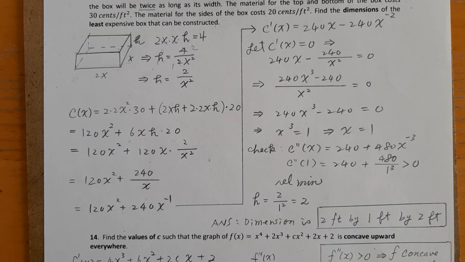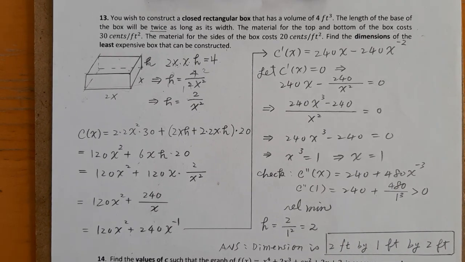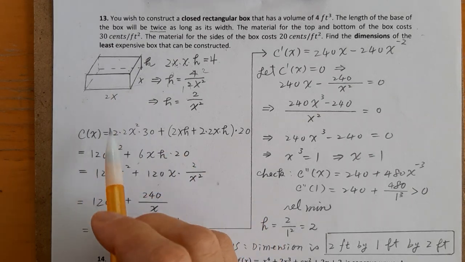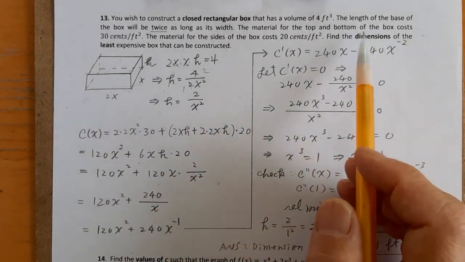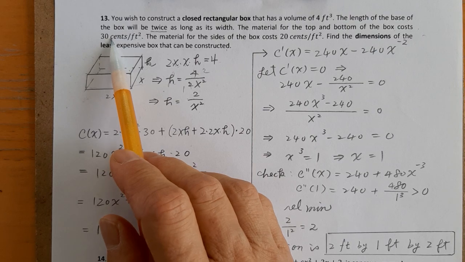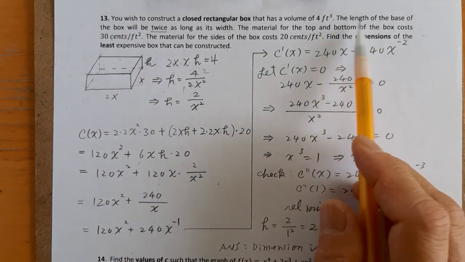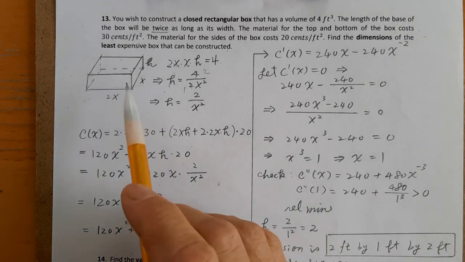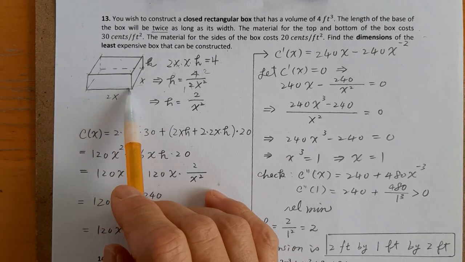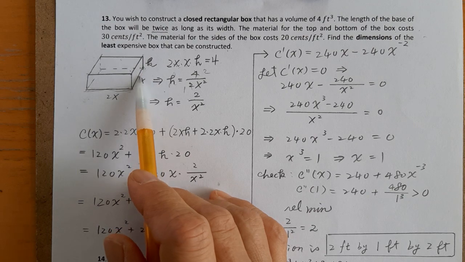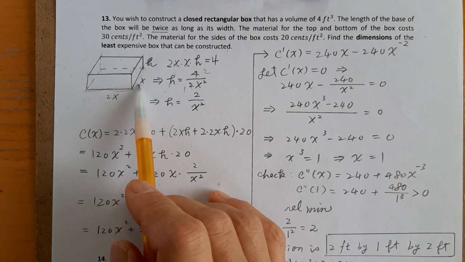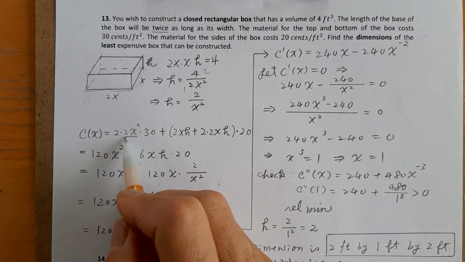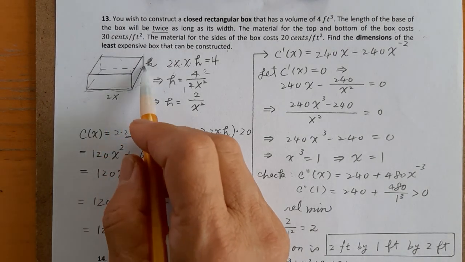So first of all, surface area. Surface is material. So first figure out the cost in terms of x. The question says 30 cents is the cost for the top and the bottom. The top has length 2x and width x, so 2x times x is 2x squared.